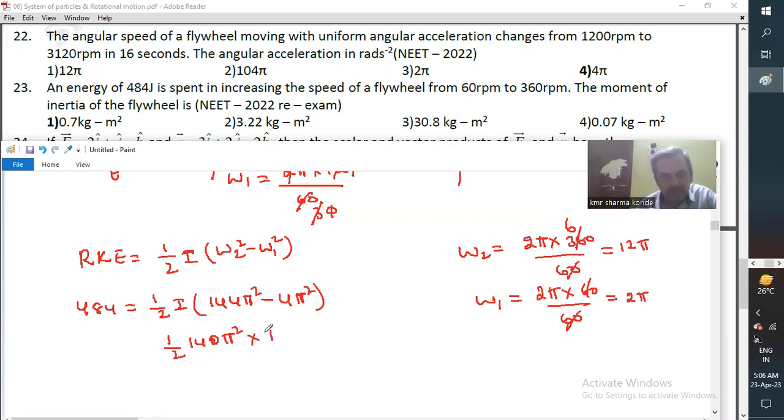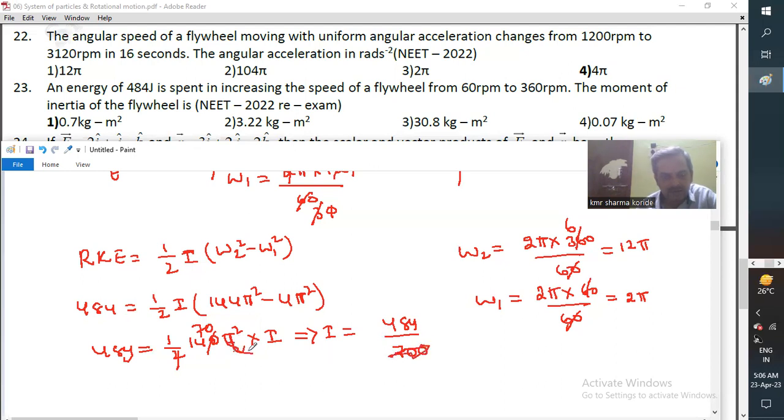into I is equal to 484. So this is 70 times pi square, and roughly you can take pi square as 10. So I will be equal to 484 divided by 700.